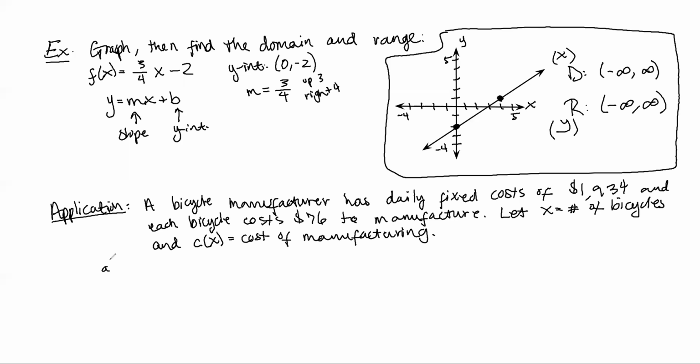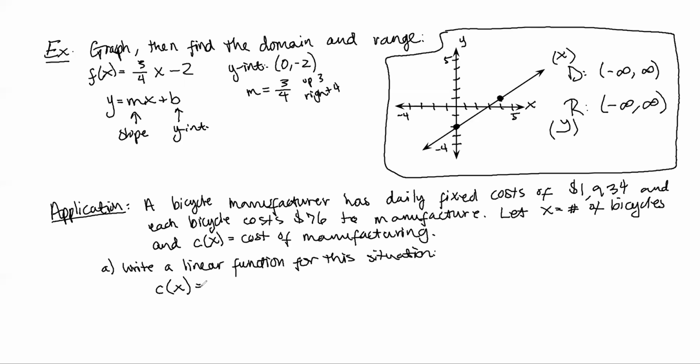So part A wants us to write a linear function for this situation. And they've given us that that linear function should be C of X. So we're going to have C of X equals something. So since C of X is the cost, we want to think about what's going into the cost of producing bicycles.